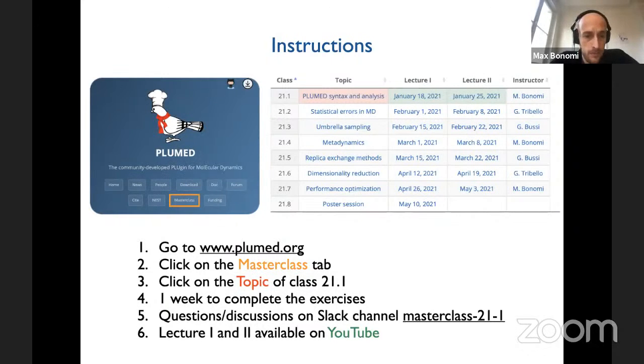If you look at the main page, you need to click on the Masterclass tab, and in the page that opens, there will be a table with all the classes, present and future. You have to click on the topic of this lecture, Plumed syntax and analysis in red, and you will end up on a new page. I will do the same in a second, and I will show you the exercises.